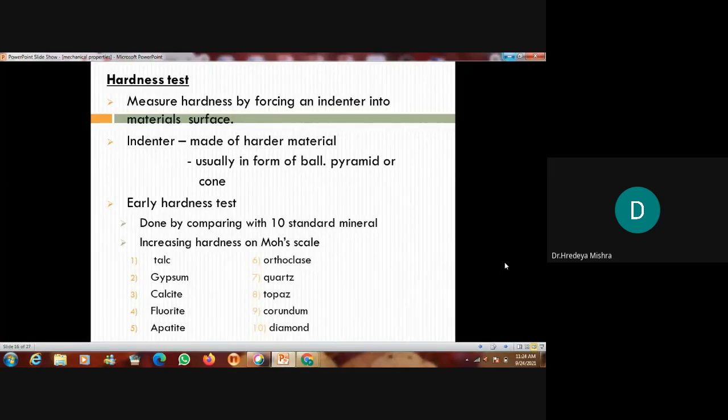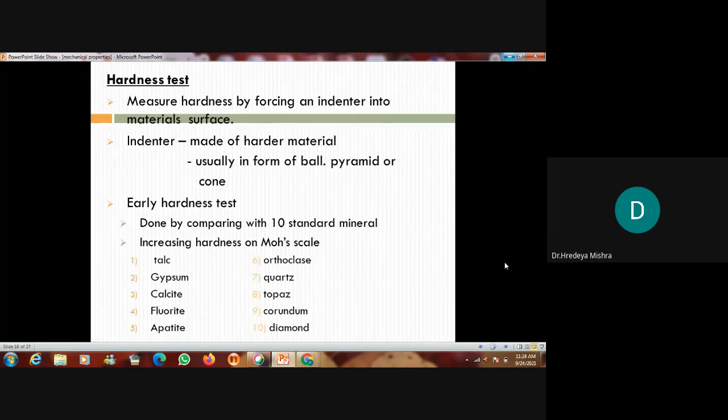So how do we measure the hardness? By the hardness test. Whatever the mechanical properties are, they are very important from your oral perspective.